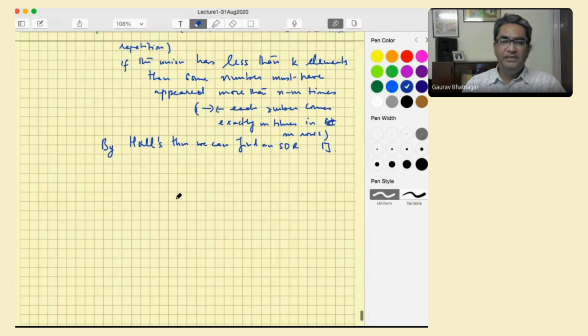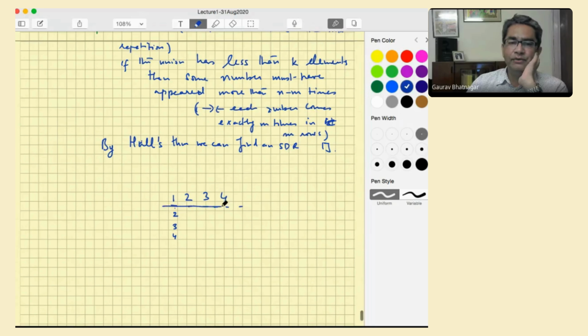Let's just do an example. So you have something like this, and then I'm adding, what are the possibilities here? 2, 3, 4, and I'm just adding to this row. And this is 1, 3, 4, and this is 1, 2, 4, and 1, 2, 3.